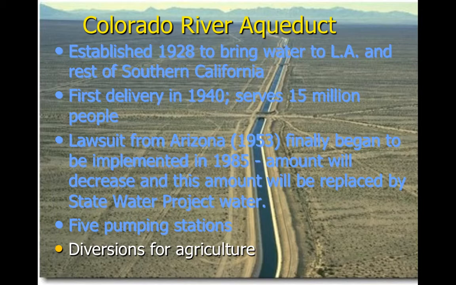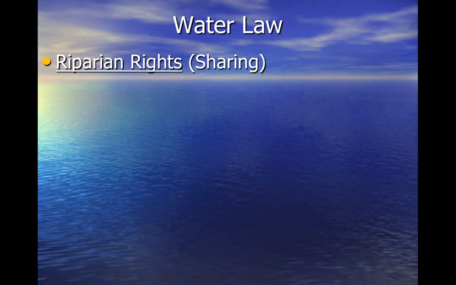There are 5 pumping stations located all up and down this Colorado River aqueduct, and some of the water is diverted for agriculture. The riparian rights basically is a buffer system set up to protect streams, rivers, creeks, so that you can't build into a region close to it.